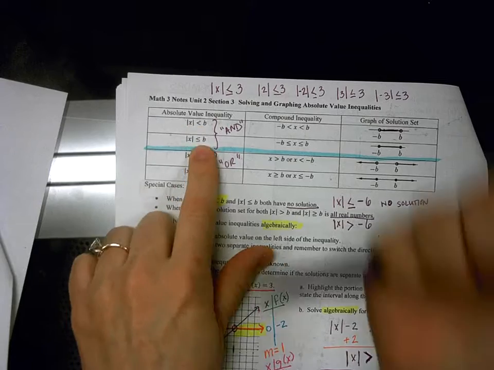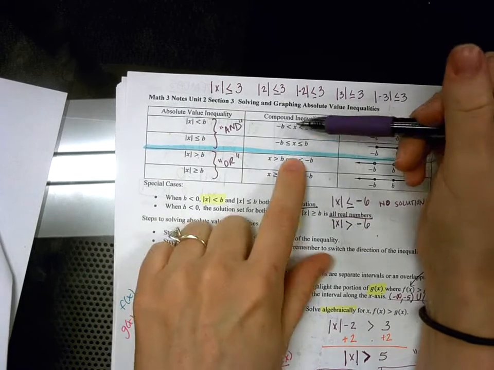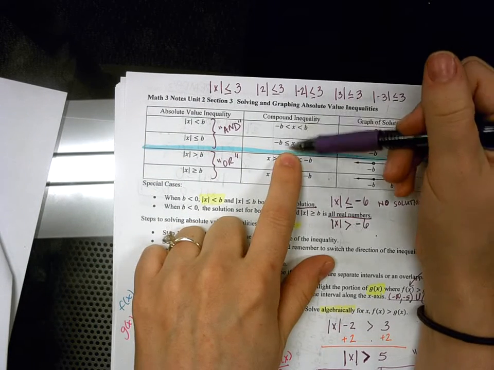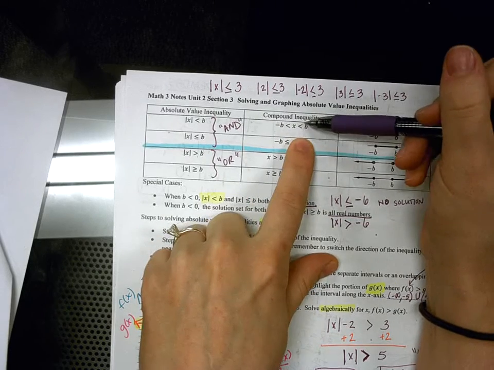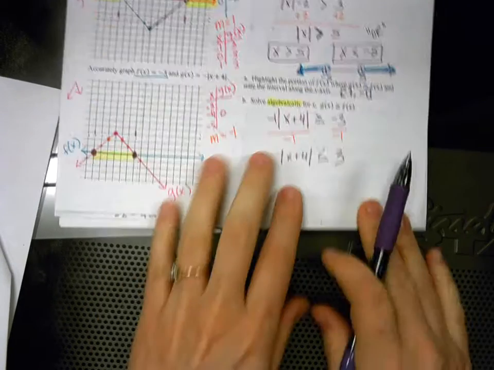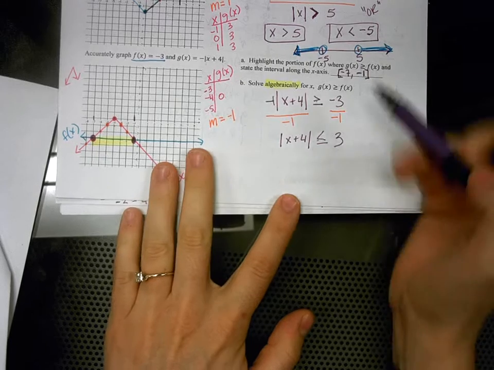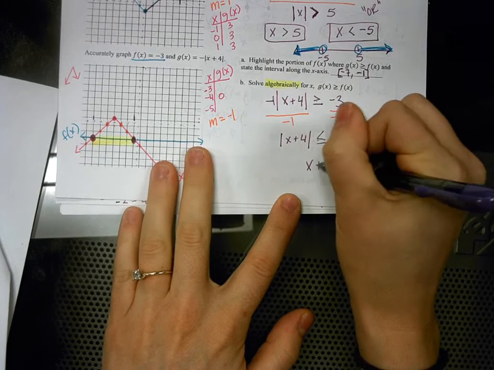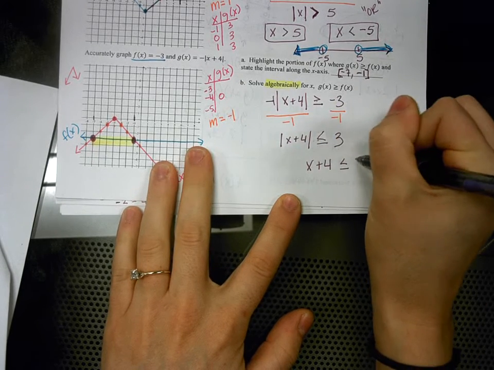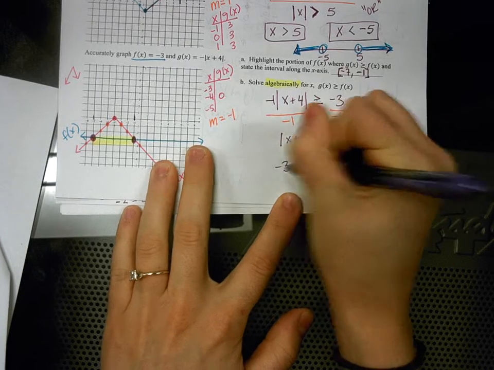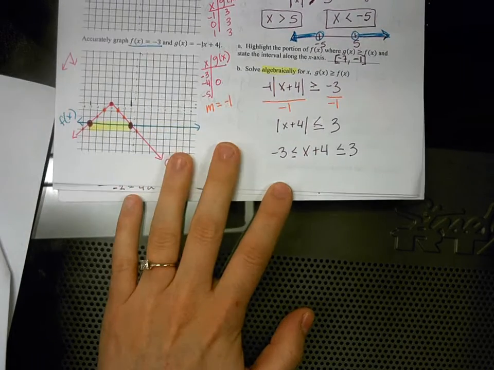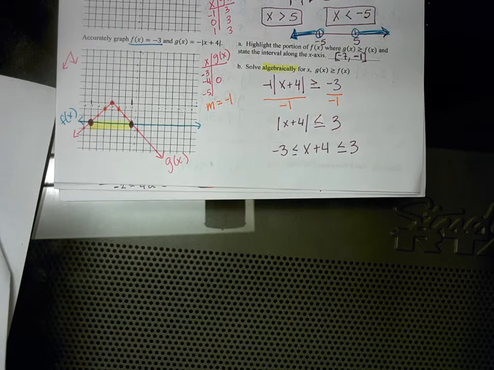So your solution is going to be between the negative and positive b value. So my b value is 3. So x plus 4 should be between +3 and -3. So I want you to write it like that instead of splitting into two equations.